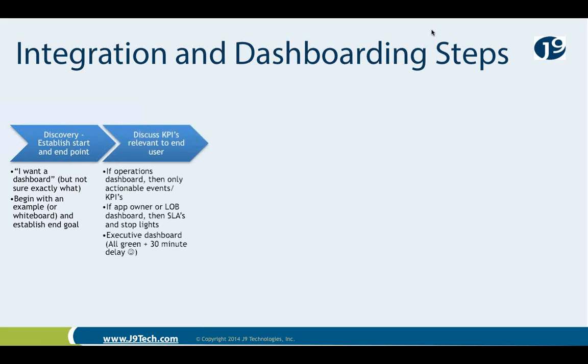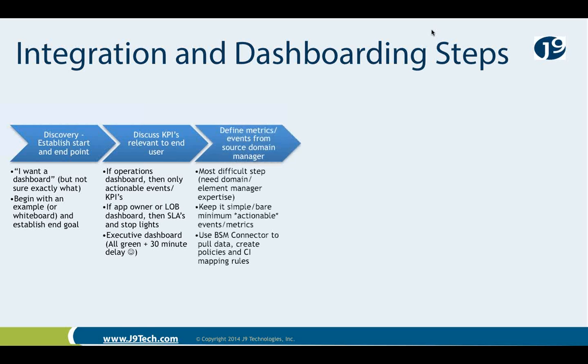Sometimes there's financial penalties tied to that, and being able to be proactive from a business standpoint is more the type of element that you're going to put on a dashboard specific to a line of business or application owner. And then the executive dashboard is another in that same idea. We've had a few requests come in lately that say we want to make them all green, and it has a 30-minute delay. Probably not the best real-world representation, but I've seen that happen a few times.